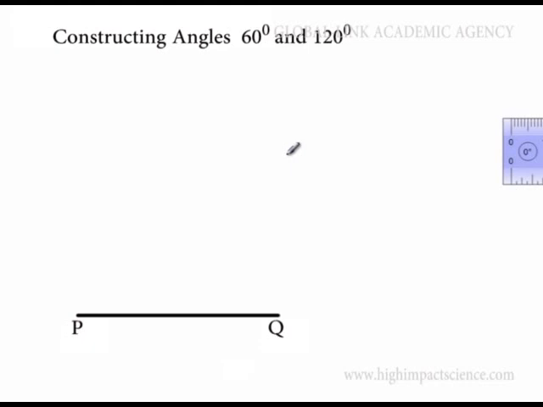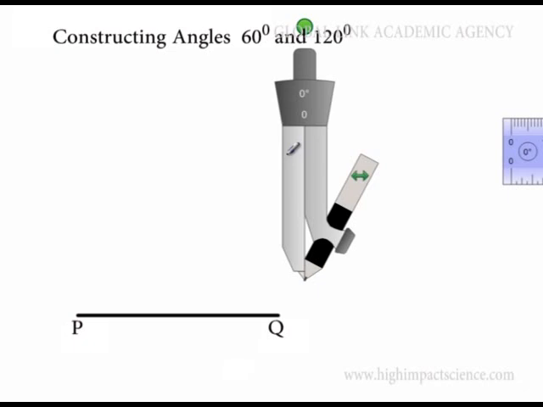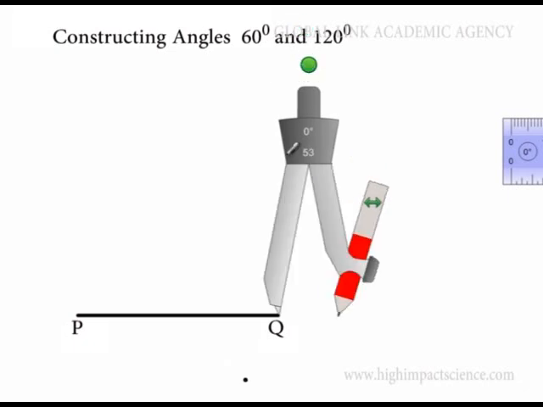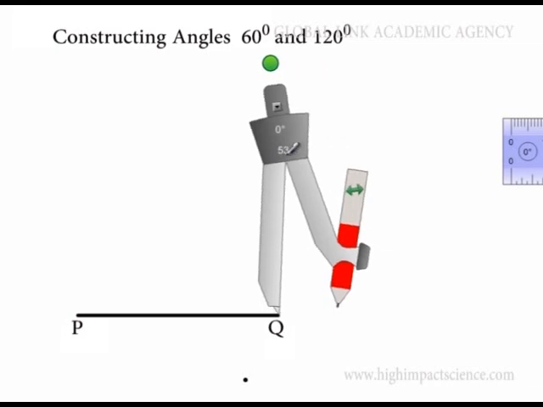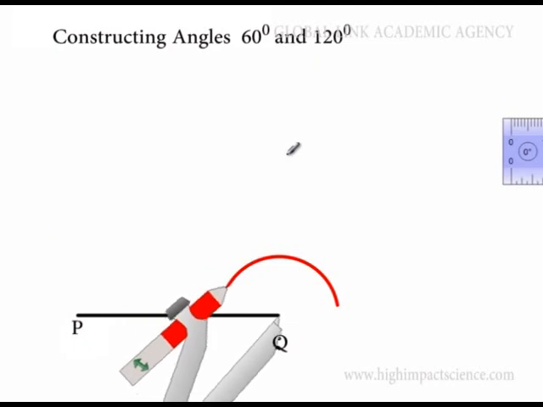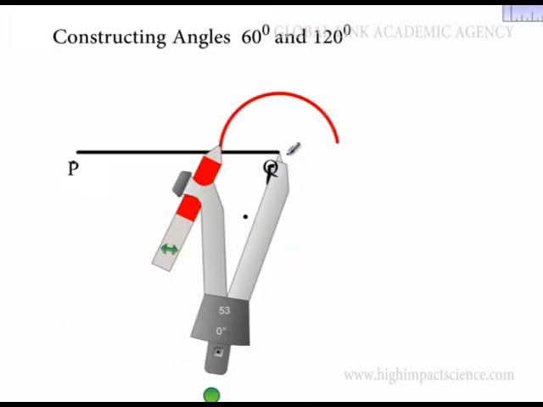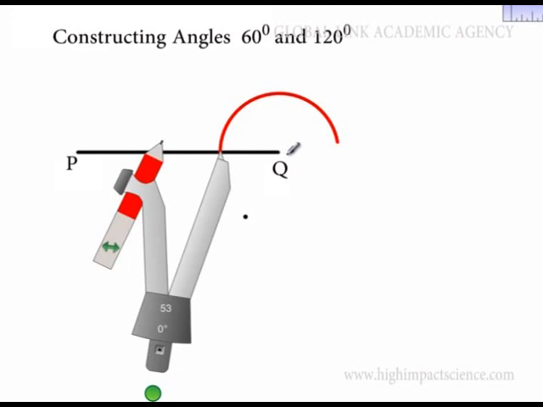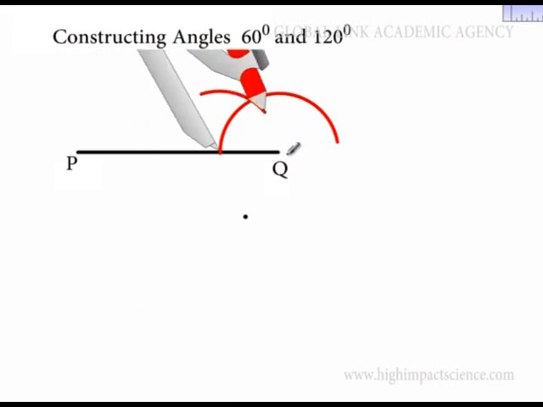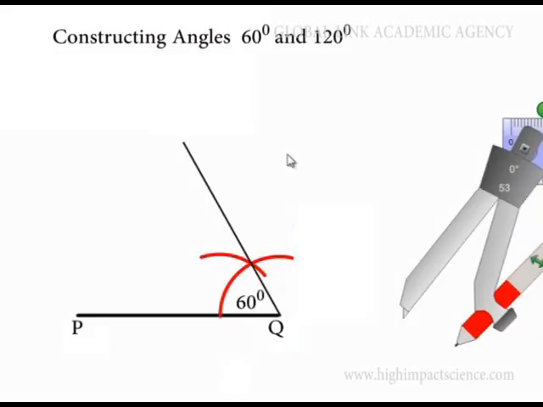So here is the line segment PQ, and I want to construct an angle of 60 at Q. So I place the compass at Q and swing an arc to cut the line PQ. Now, maintaining the same radius, I place the compass at this point and again swing an arc to cut the first one. And if I join point Q to the point of intersection, this angle is 60 degrees.